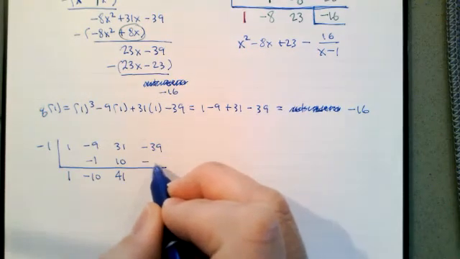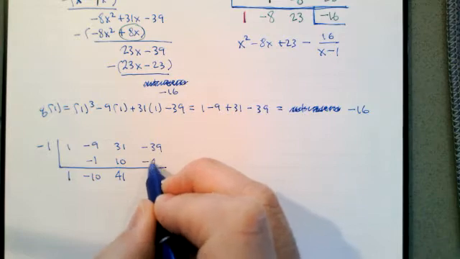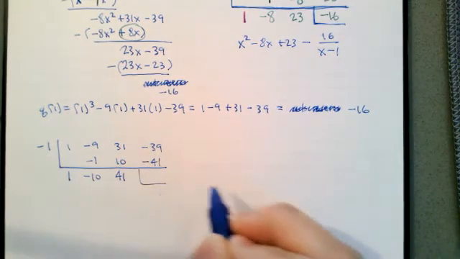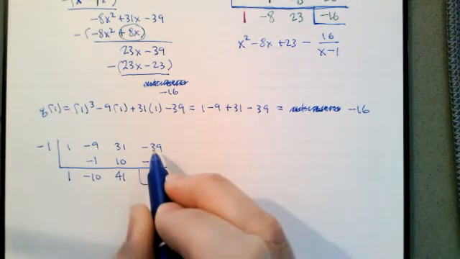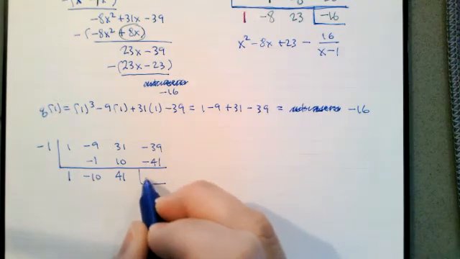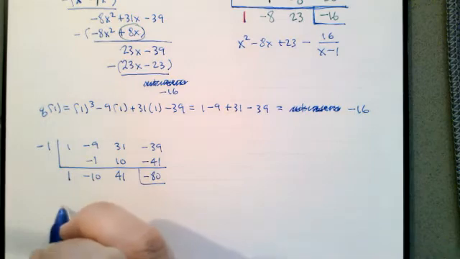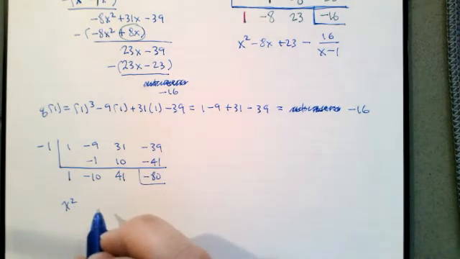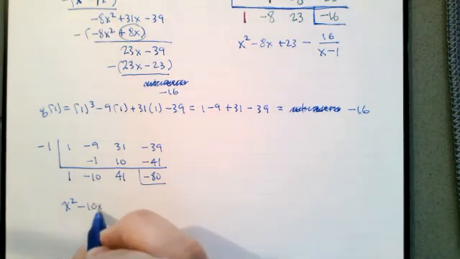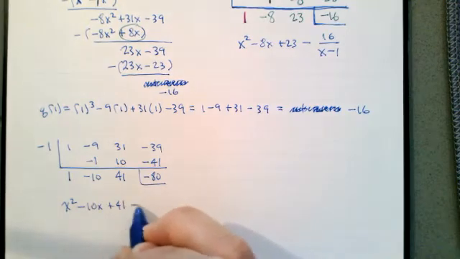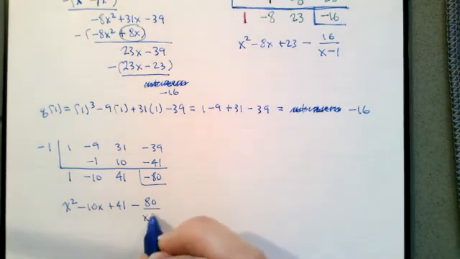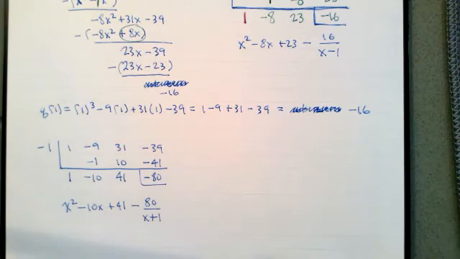Then -1 times 41 is -41, and we add those together and we get not 0. We get -80. So here we have x squared minus 10x plus 41 minus 80 over x plus 1. So -1 is not a 0 of this polynomial.